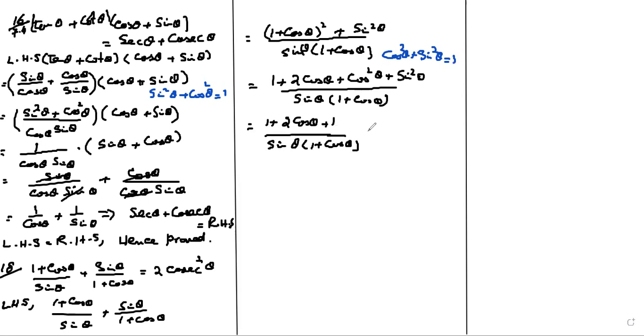So which is equal to 2 plus 2 cosine theta divided by sine theta times 1 plus cosine theta.